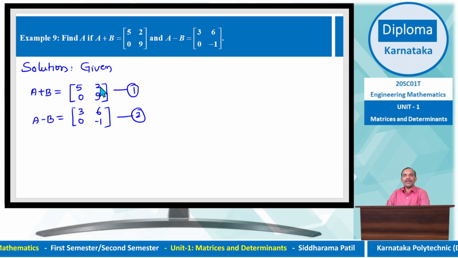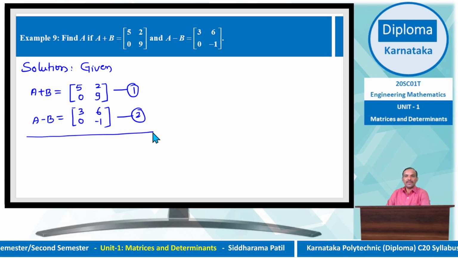Now to get the value of a, you have to eliminate b. Therefore you have to add.